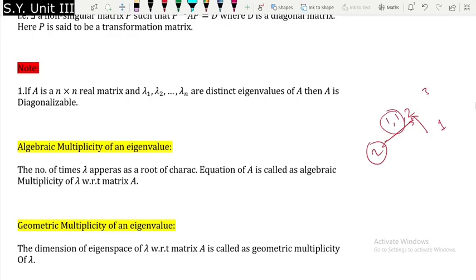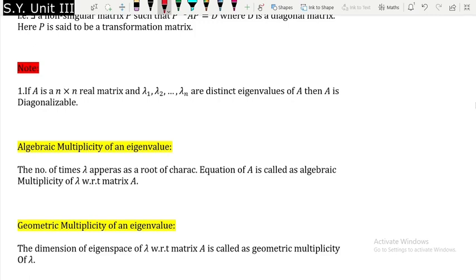Next is the geometric multiplicity of an eigenvalue. What is it? That is also simple. We have already learned how to find the basis of the eigenspace, right? You simply see the number of vectors in the basis of the eigenspace. As I say number of vectors in the basis, you might think of the concept of dimension, and you are absolutely right.